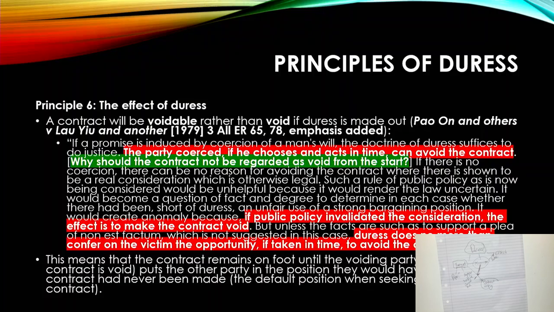And so the implication, which I put on the second dot point there, is the contract remains on foot until the victim, the one claiming the contract is void, puts the other party in the position they would have been in if the contract had never been made, which is the default position when seeking to rescind or have a contract declared as non-existent, right?